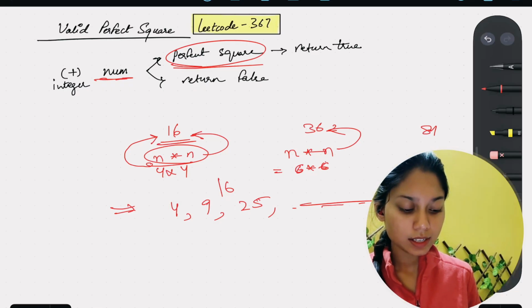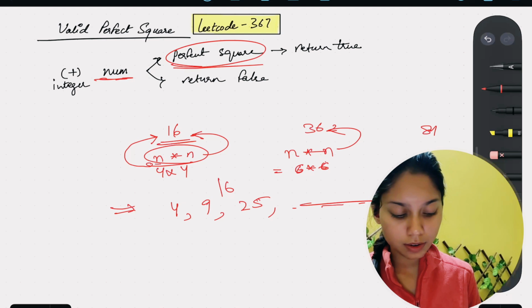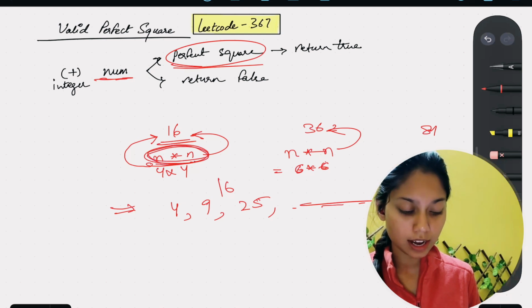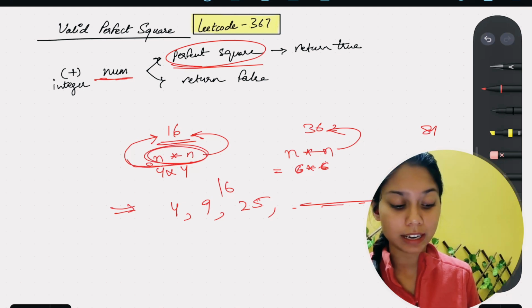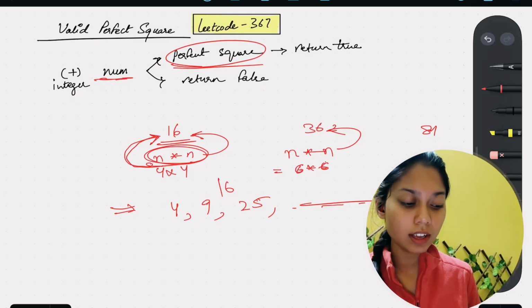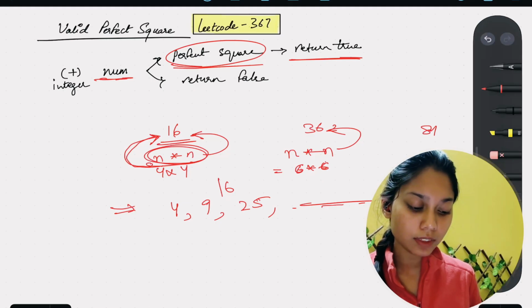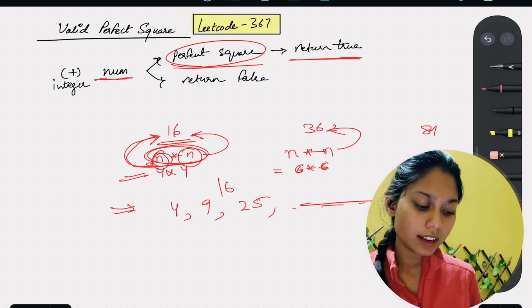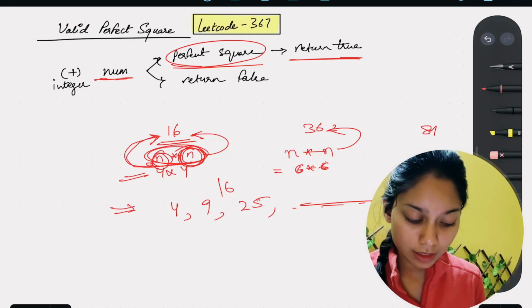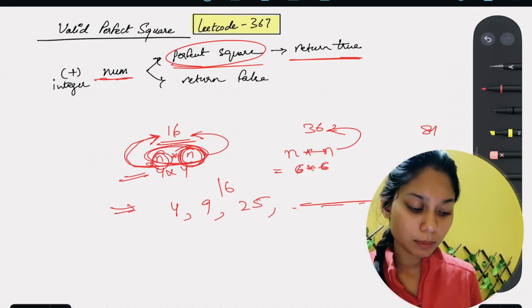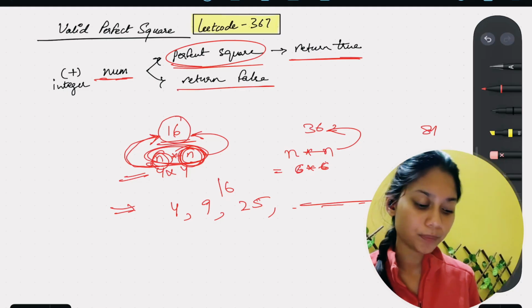In that case, the perfect square exists, so we have to return true. Or else, if we do not find any integers that when multiplied by themselves give the particular num, we return false.